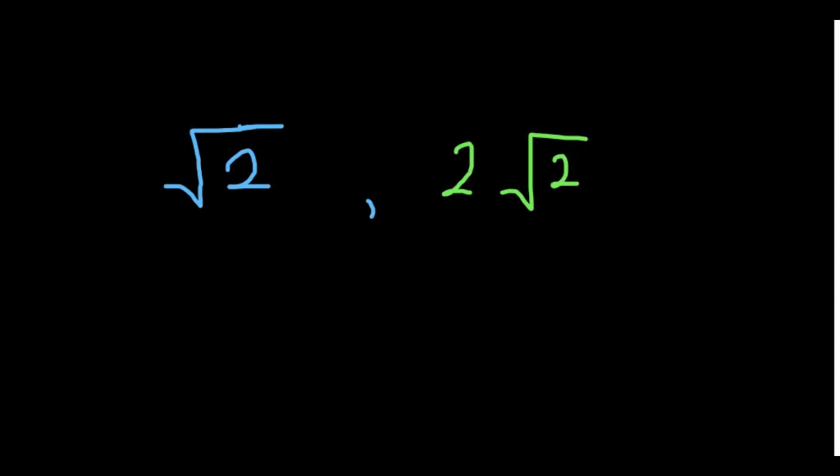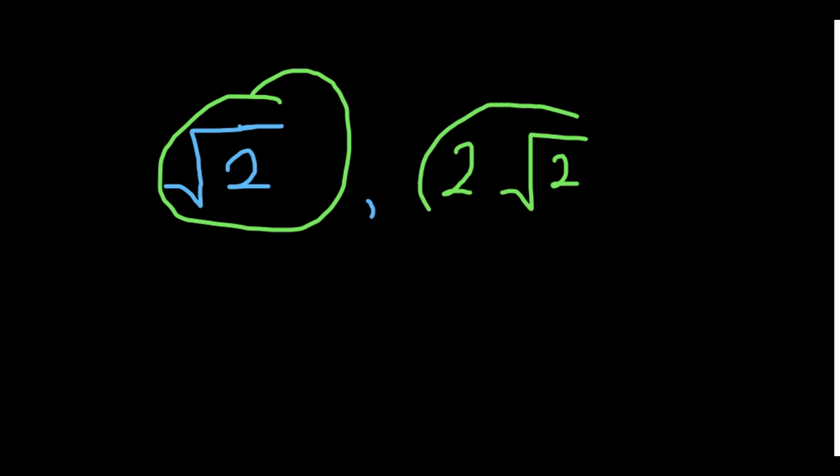For example, when we take a look at this expression and this expression, what we understand from these two expressions is that they have square root of 2, and this other one also has square root of 2.